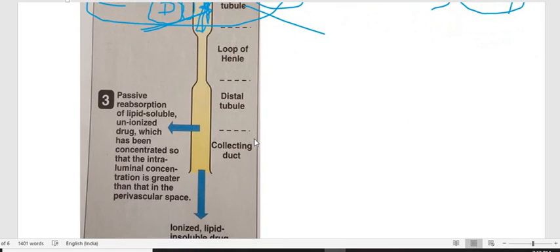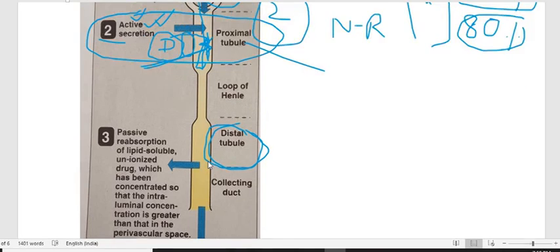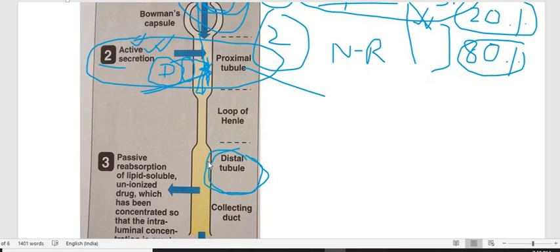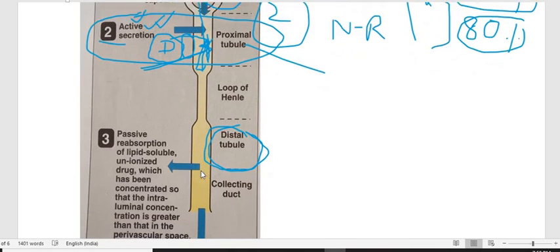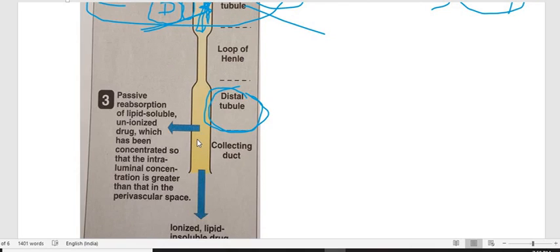And the last one occurs mainly in the distal tubule. In the distal tubule, the drug is not coming into the lumen from the perivascular space; rather, the opposite occurs.